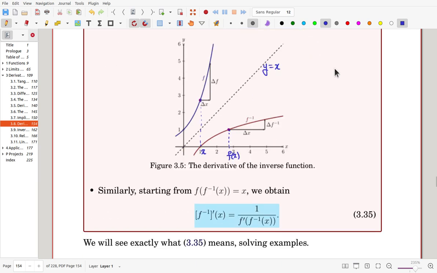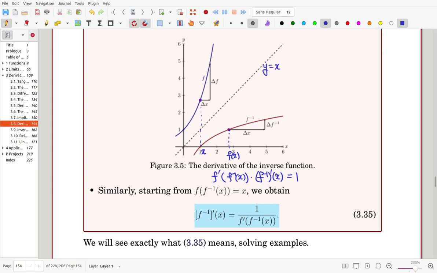Similarly, starting from here, f of f inverse of x equals x, we apply the chain rule, then that will be f prime with respect to f inverse of x times f inverse prime with respect to x must be 1.